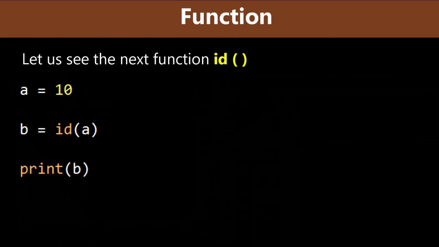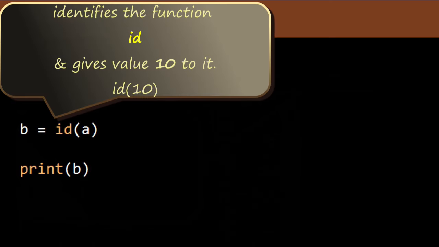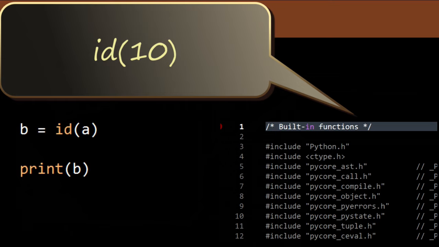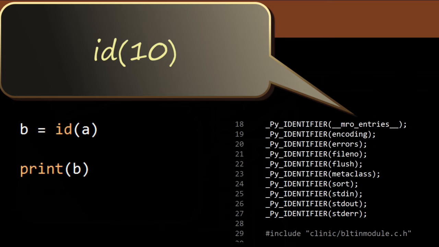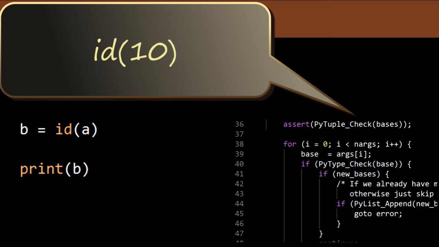Whenever the program encounters the word id, it identifies that this is the function, it gives the value 10 to it and interprets it as id of 10 and goes in the built-in program. In the background it will run and return the value.